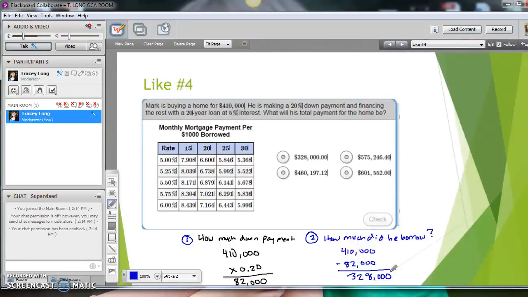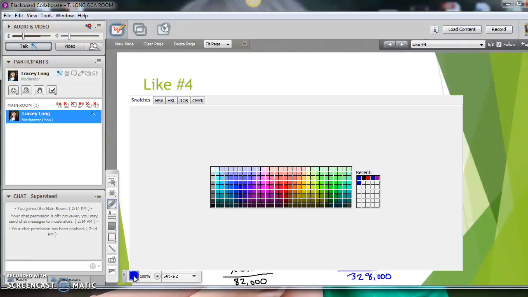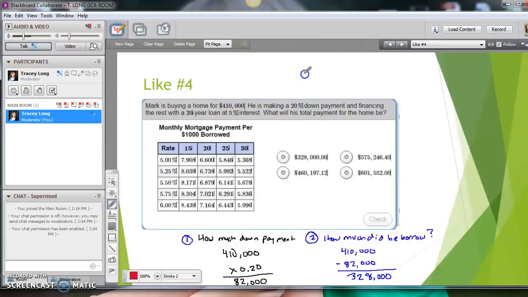All right, the next thing I need to know is how much he's going to end up paying each month on his loan. So I'm going to switch colors again so you can see step 3 here. Step 3 is, what's his monthly payment?